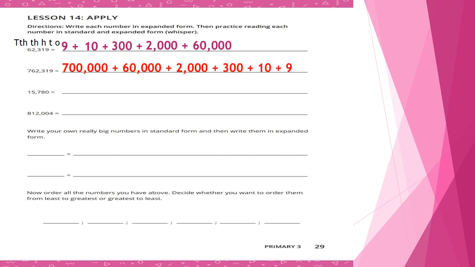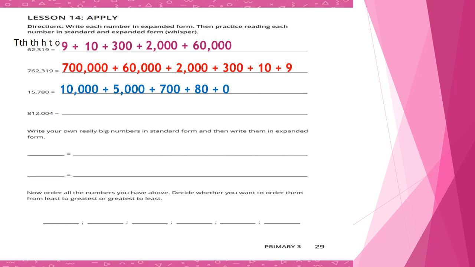Let's write the place: ones, tens, hundred, thousand, 10,000. Okay, the expanded form will be, here I have 0 in ones, it will be 0 as it is. We have 8 in tens, we will put 1 zero, so its value will be 80.